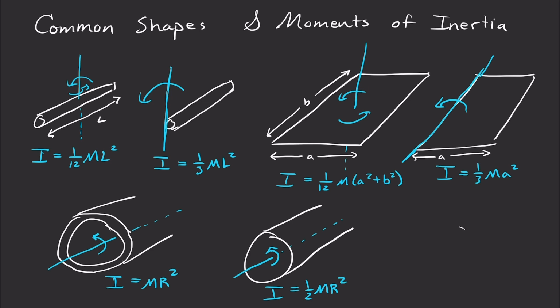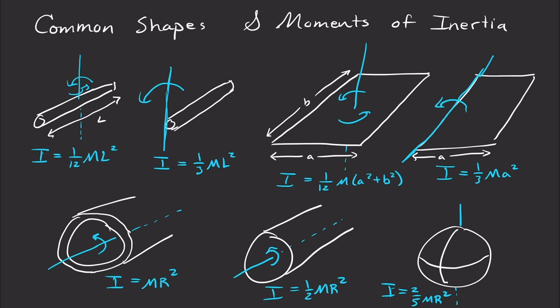And then if we took a sphere and rotated it about its center, the moment of inertia would be 2/5 m r squared. Okay, so these are all ones that you would look up in a table or they would be given to you.